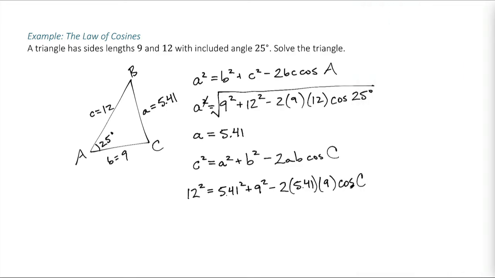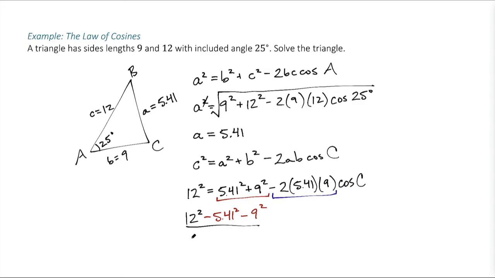Okay, so that's what we're going to use in our calculator. Let's go ahead and just finish off here solving for this cosine of C. So we'll start by subtracting these numbers here. So we've got 12 squared minus the 5.41 squared minus the 9 squared. And then we can divide by these numbers here.